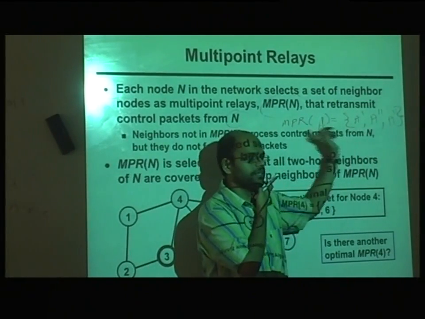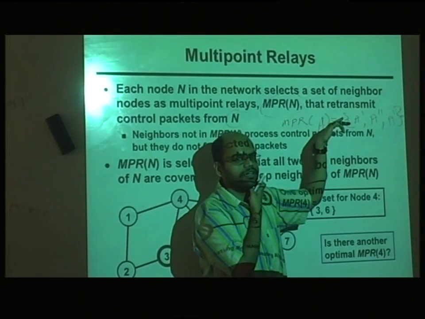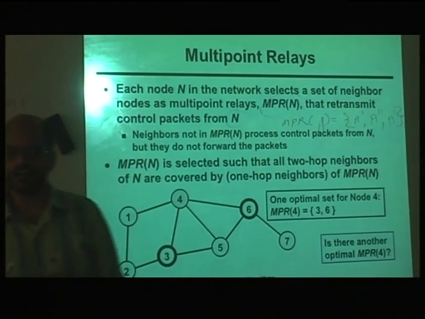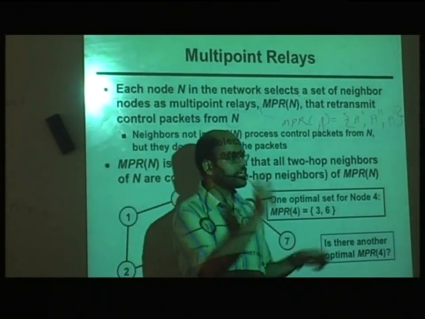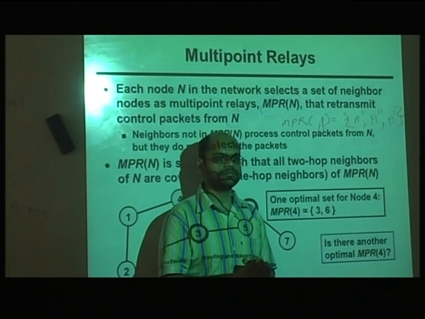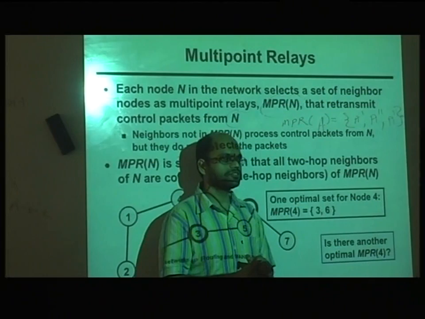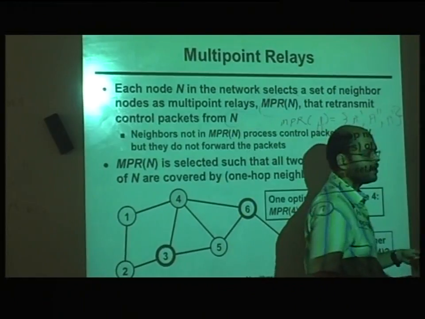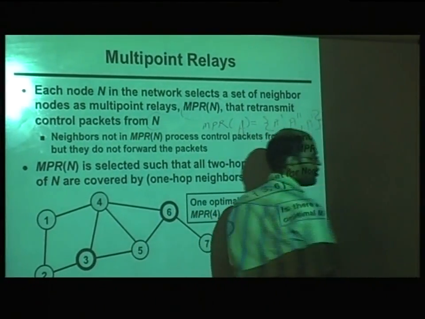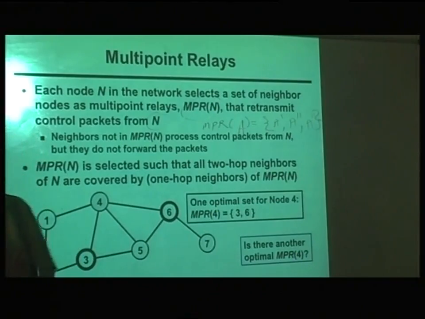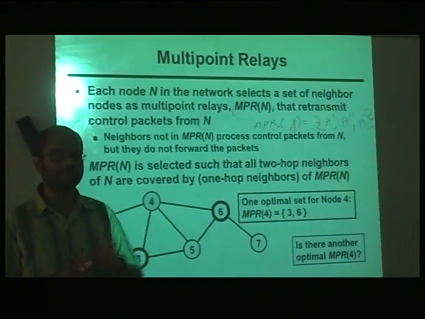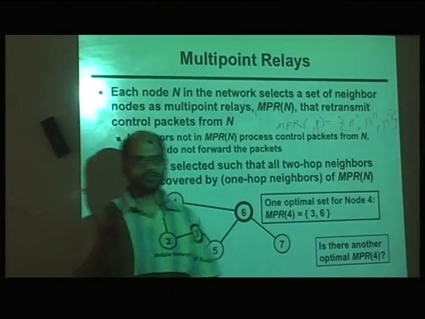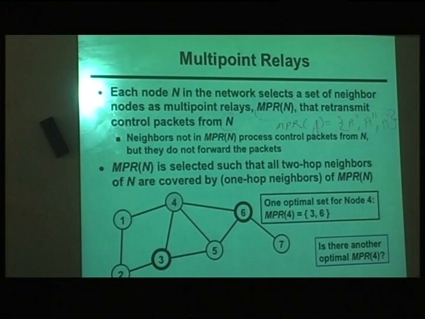So can you now tell me, just by looking at this definition, which nodes in the network will be transmitting packets? Can you write it down in terms of this definition? Which are the nodes which will be transmitting control packets? If you are aware of set notation, you can use it and tell me which nodes in the network send control information. So this is your definition of MPR. How would you write it down?